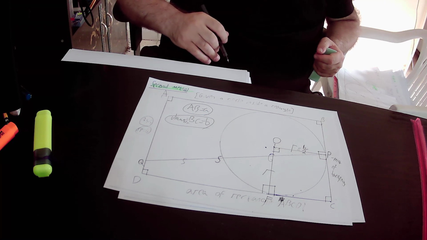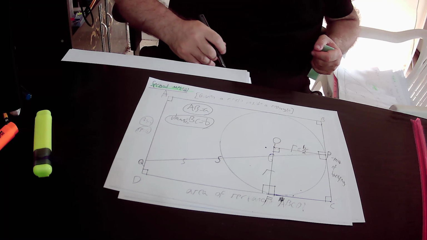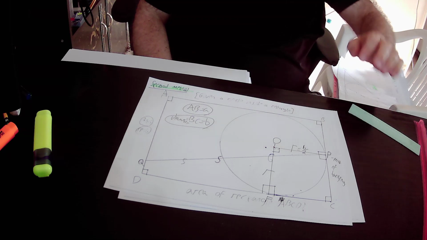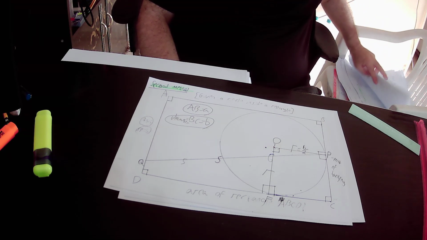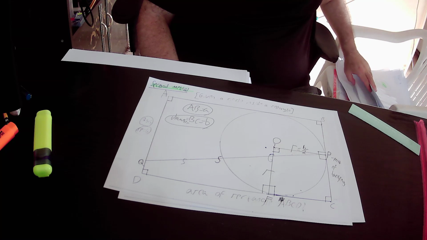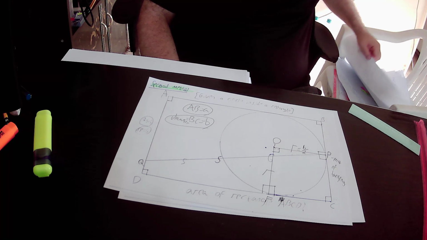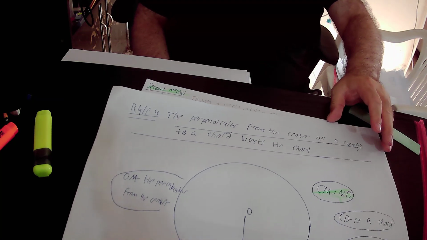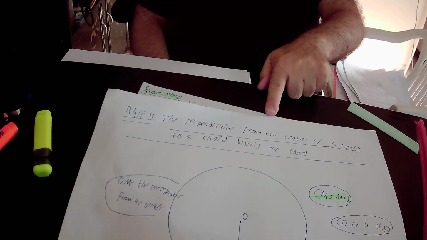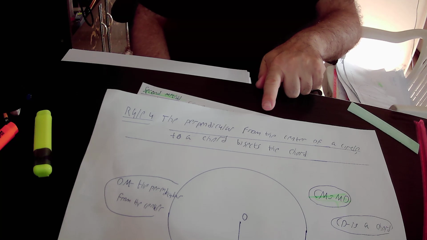So here I will present to you a new rule that is actually rule number 4. According to rule number 4, the perpendicular from the center of a circle to a chord bisects the chord.